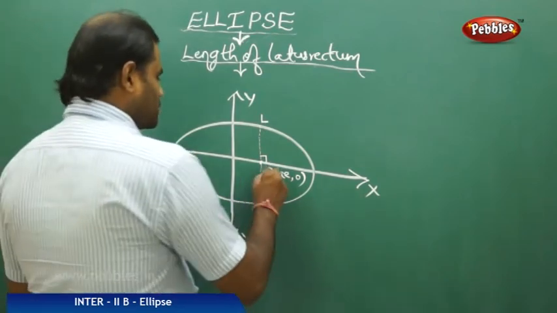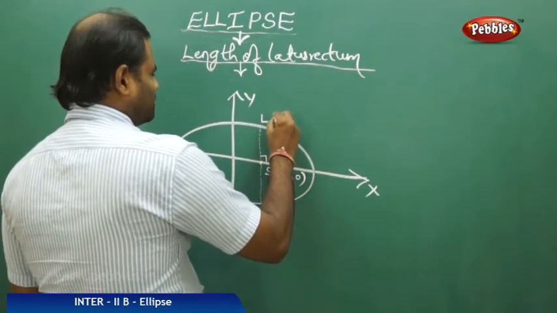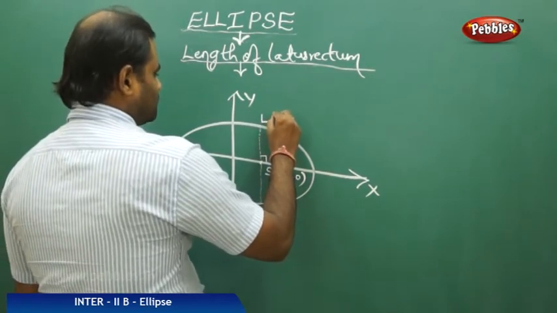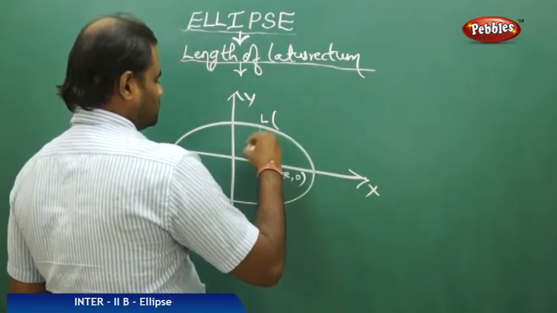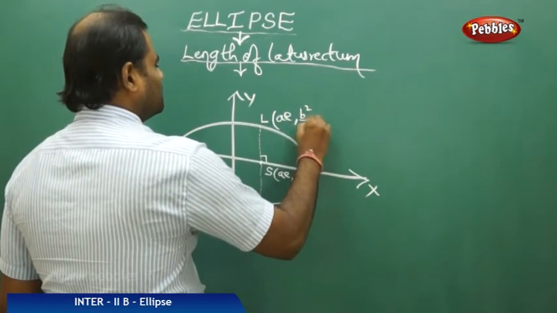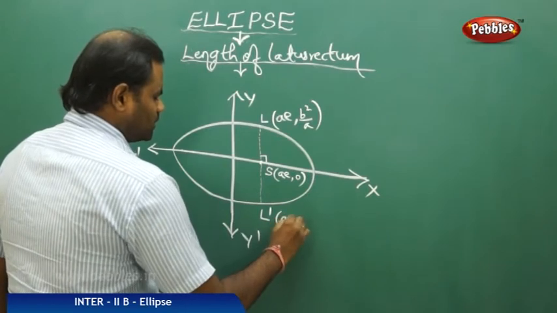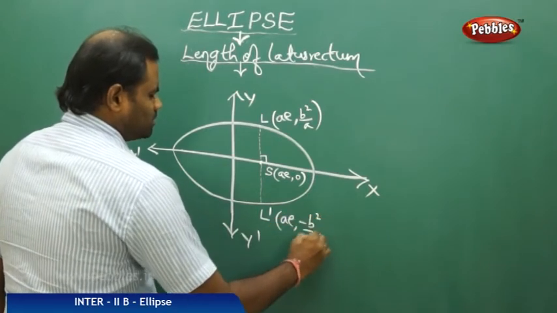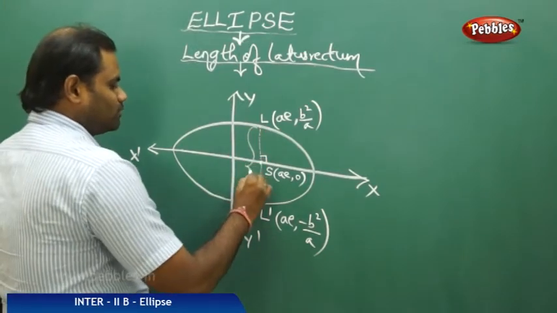With this latus rectum, let me find the coordinates of L. The coordinates of L are given by (ae, b square by a) and L dash is (ae, minus b square by a), and this is the length of the latus rectum.